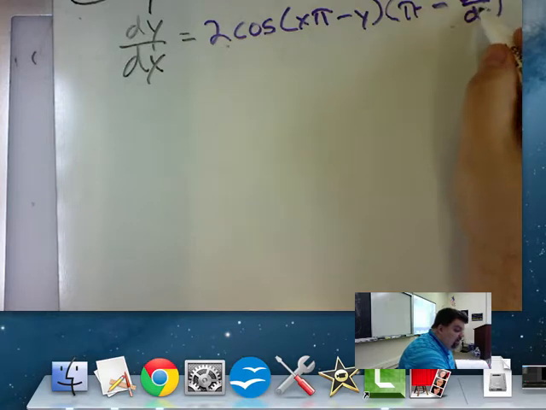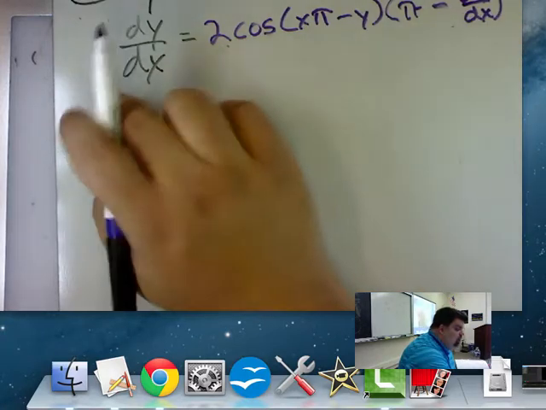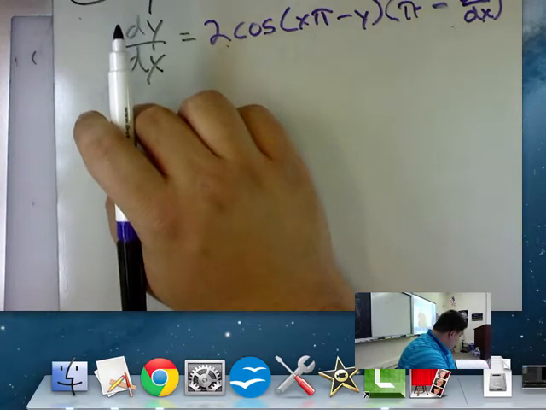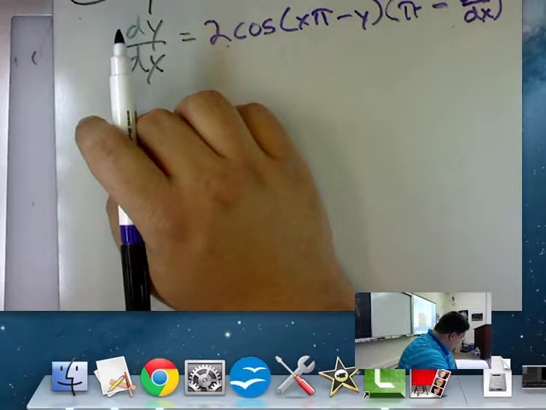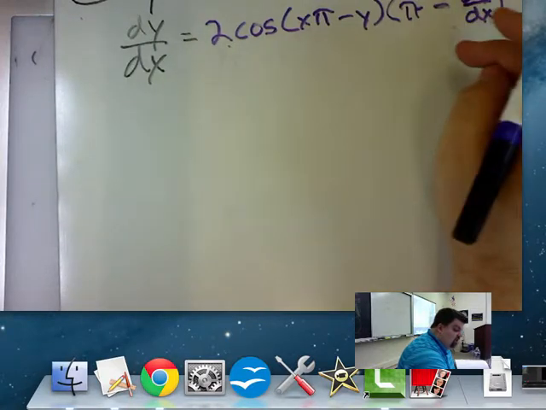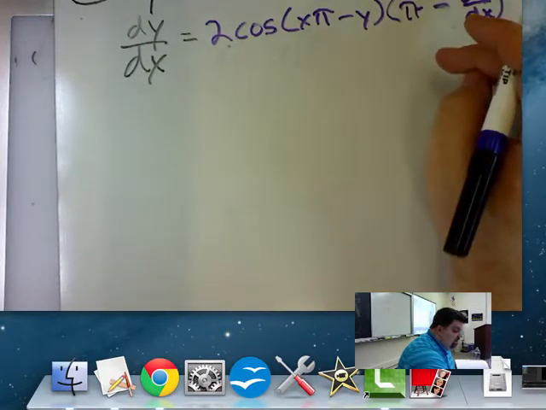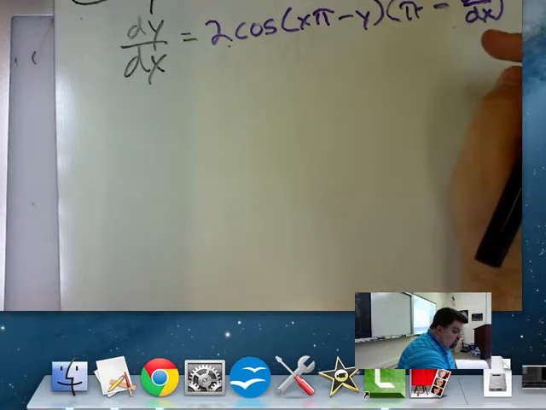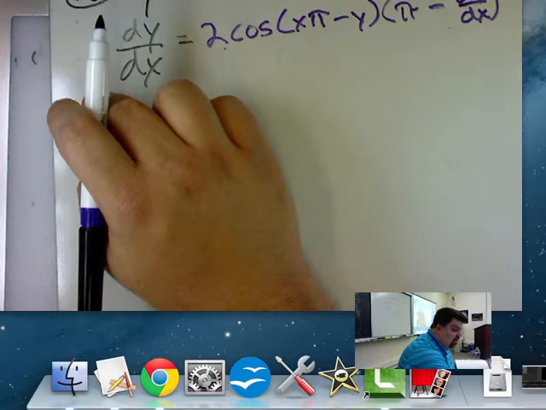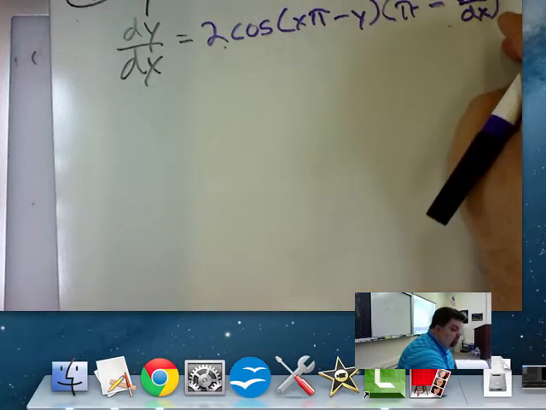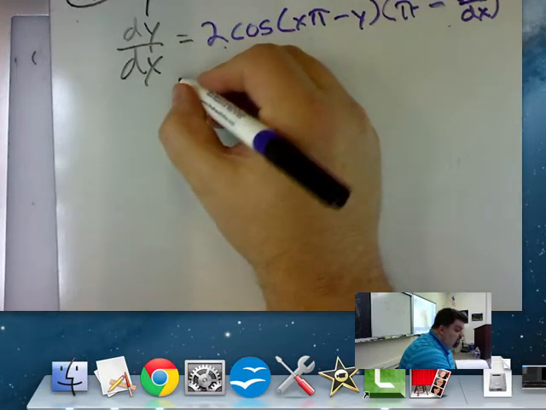But let me show you what I mean. I need both dy dx's on the same side of the equal sign. I'm trying to think of the easiest way to do this. If I move this over to the other side, I'm going to have to do some math. If I distribute this through, I'm going to have to do some math. So there is no easy way.